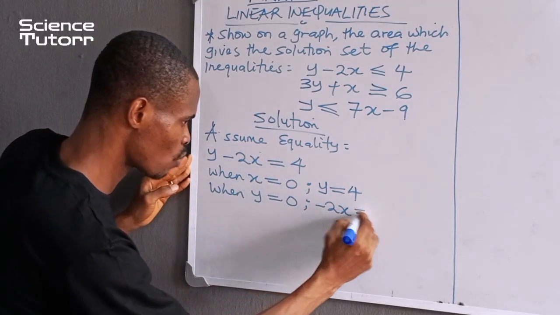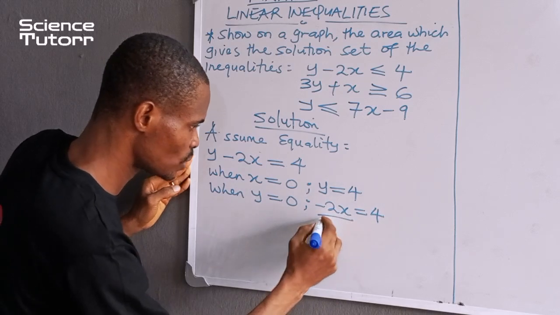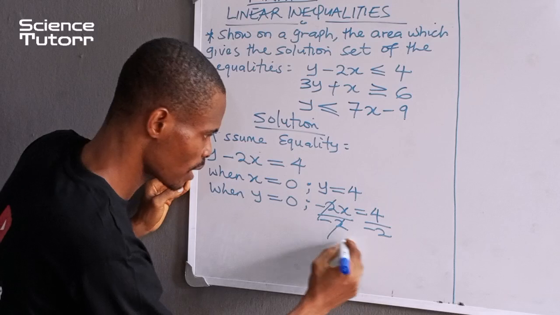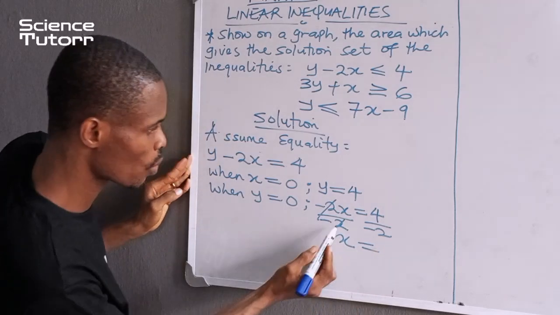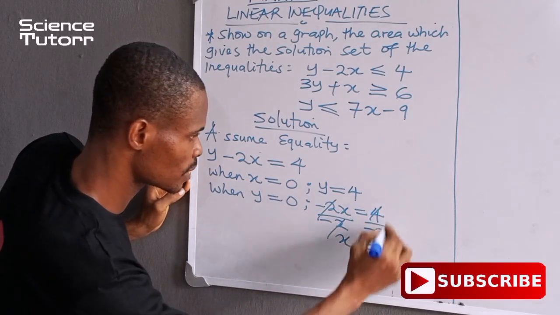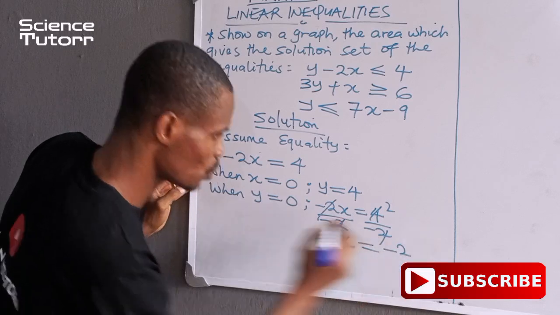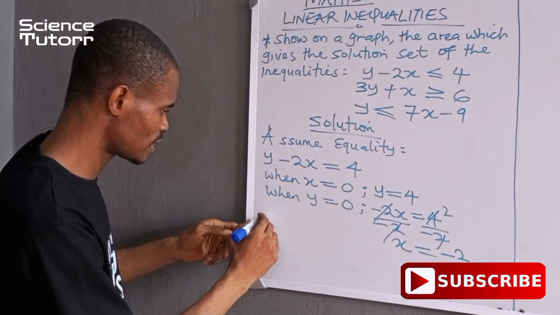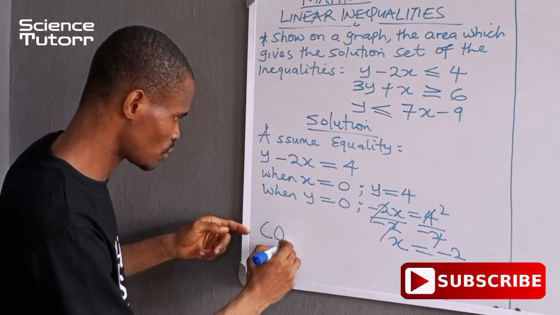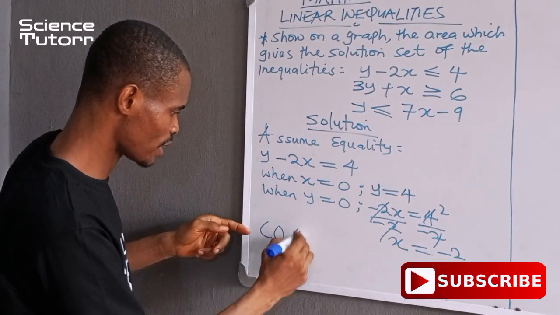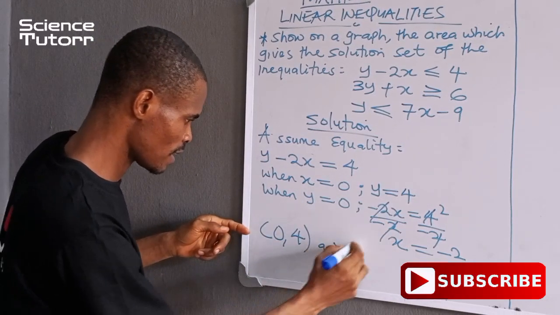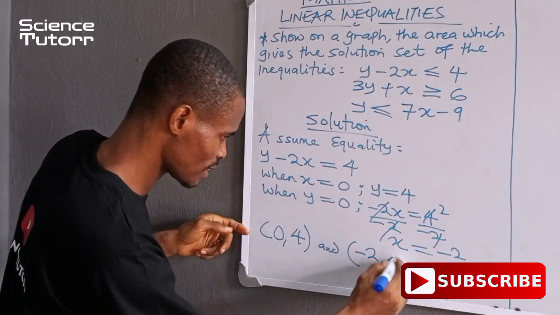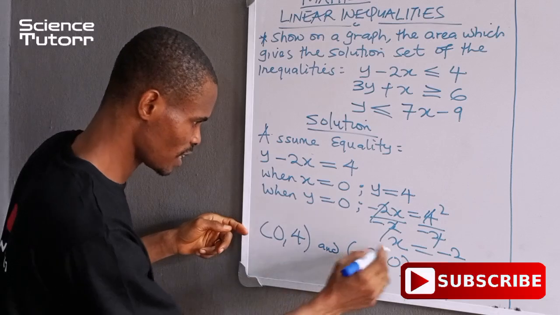Dividing through by minus 2 gives x equal to minus 2. So for the first case, we have x is 0 while y is 4, and x is minus 2, y is 0. This is for the first case.